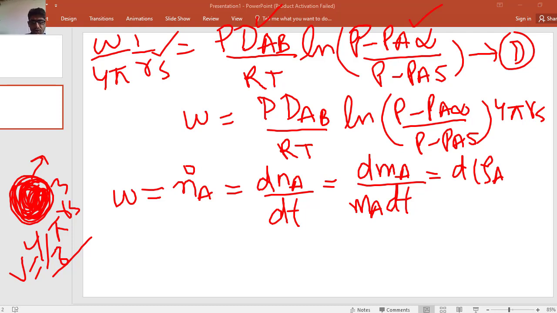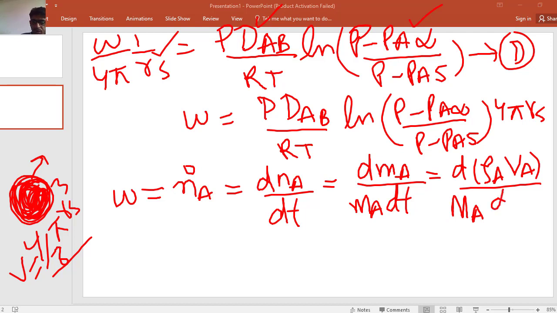We assume the density of water is constant, so it is the density into the volume of water divided by the molecular mass of water, which is 18 gram. The molar mass of water is 18 gram, which we can also check from the periodic table.